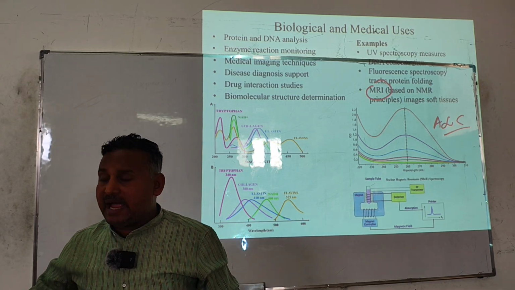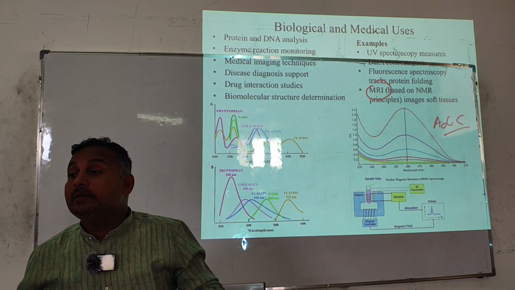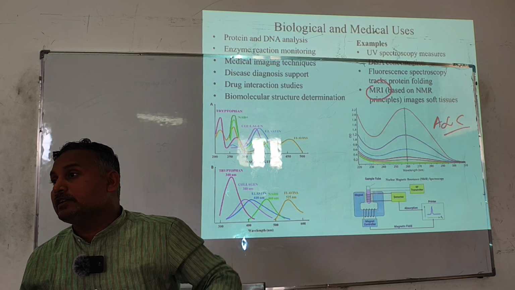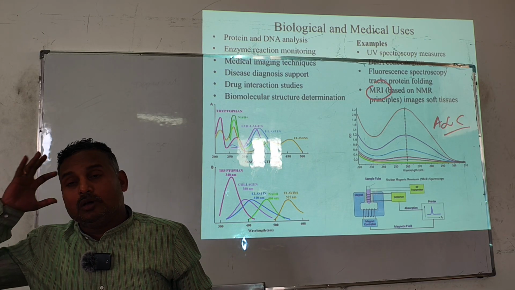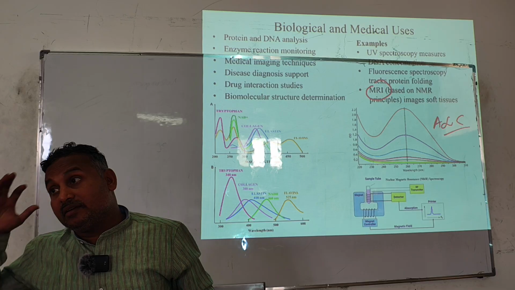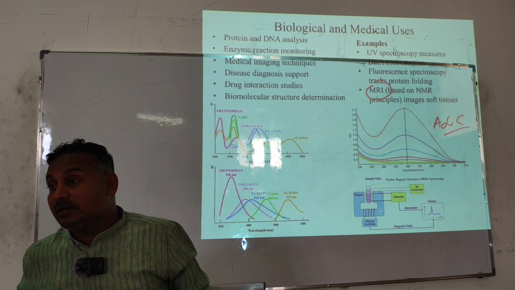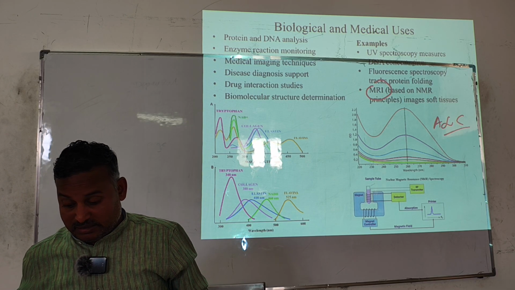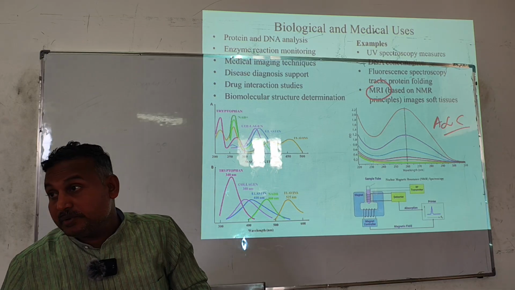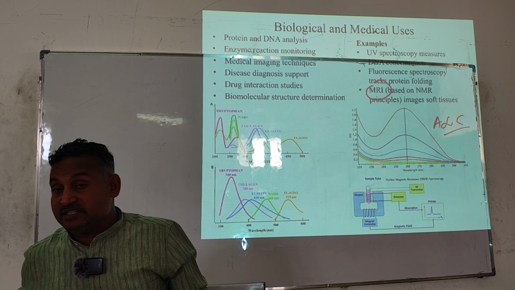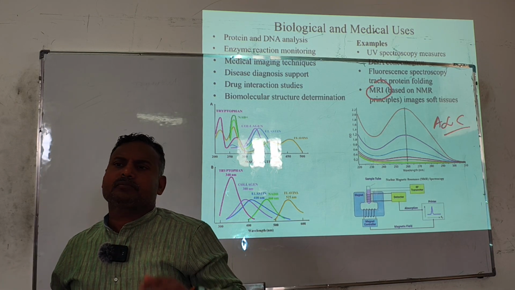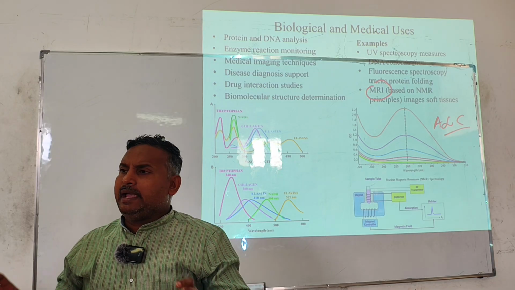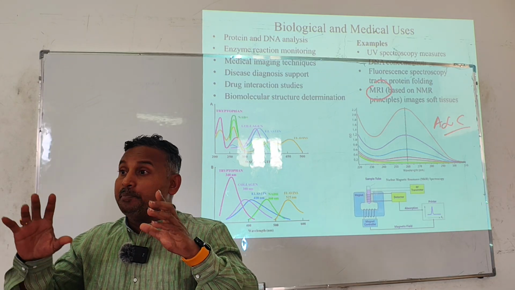And these two techniques are highly useful in biology, biotechnology, and also forensics. In forensics also, fluorescence spectroscopy is a very important technique. For example, you might be hearing about the Olympics.